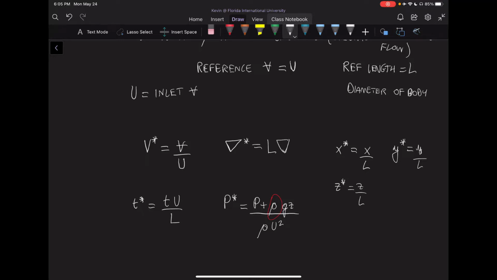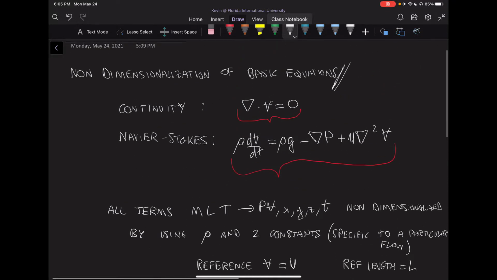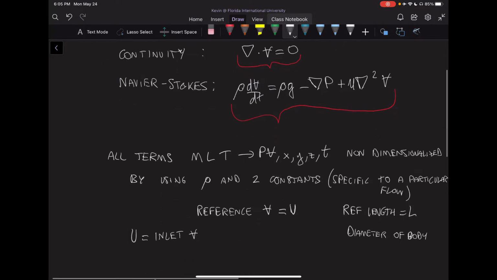So we can rewrite our continuity equation above and our Navier-Stokes equation in the following manner.